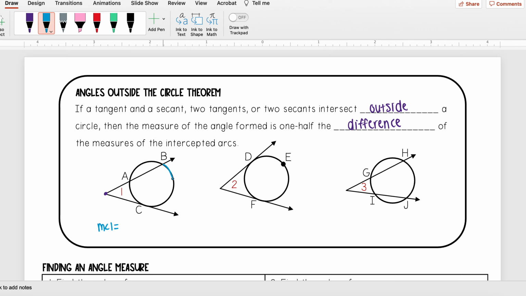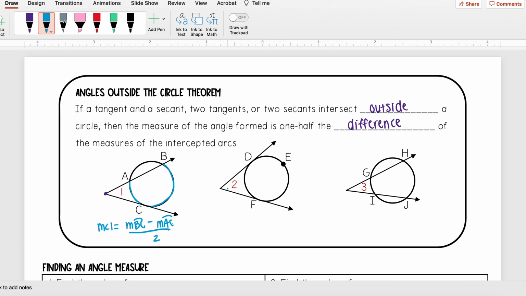So this bigger arc is going to be BC minus the smaller arc AC divided by 2. And we'll see that's going to be the same case with these other two cases. It just looks a little bit different.